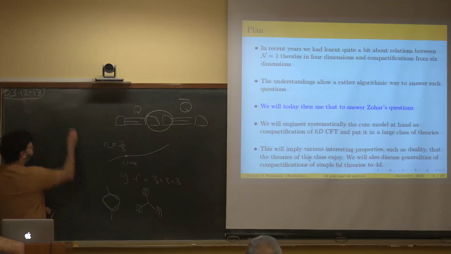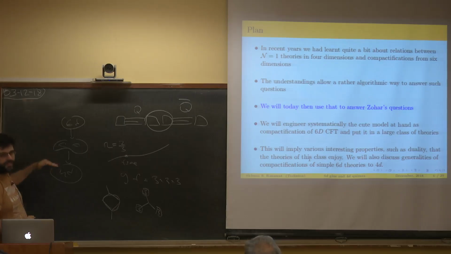So starting from a 6D theory, we take it on a Riemann surface, and we produce 4D theories. That's the procedure. And this algorithm is very straightforward. Okay, we can generate a lot of predictions about 4D theories by following this algorithm. And what we will do today, we will reverse engineer this algorithm.